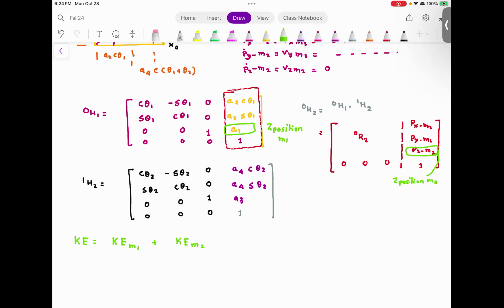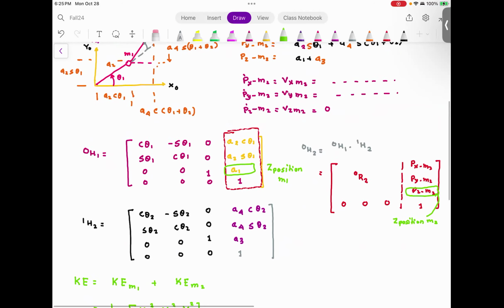I have three velocities: velocity in x, velocity in y, and velocity in z. So the total kinetic energy, and this is extremely important, is 1/2 mv square. But since I have three velocities, I have to sum them all: Vx square plus Vy square plus Vz square. And all of this is for mass m1. Are you with me so far?